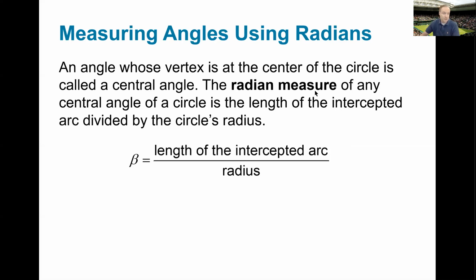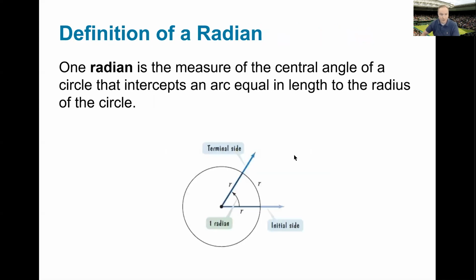The radian measure of any central angle of the circle is the length of the intercepted arc divided by the circle's radius. So I'm saying that the radian measure is the distance on the surface of the circle divided by whatever the radius is.